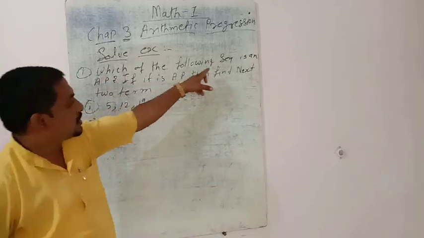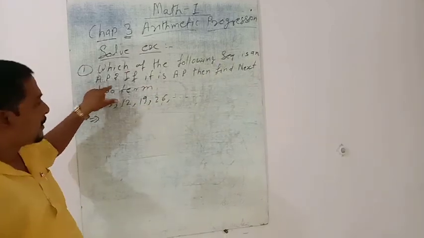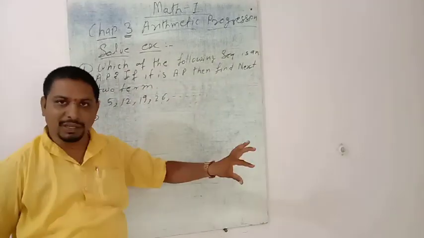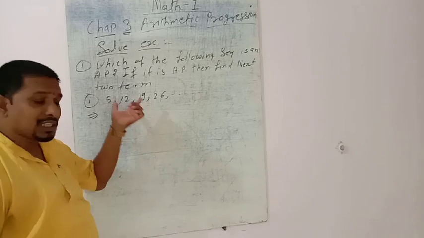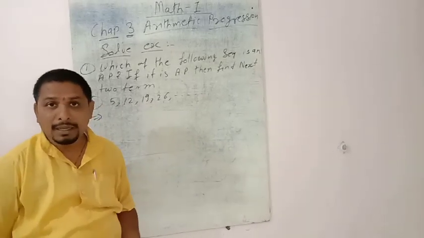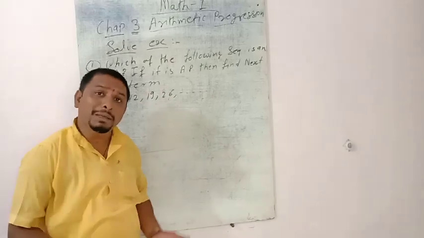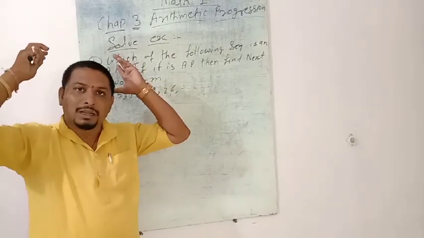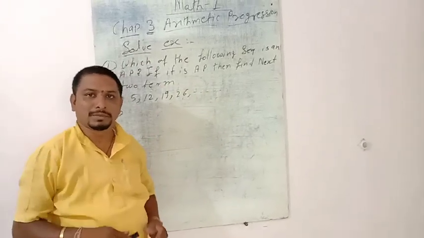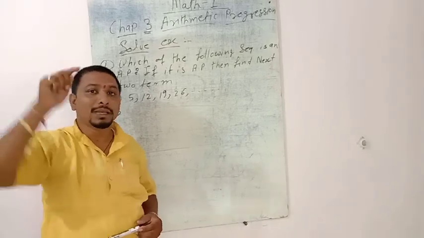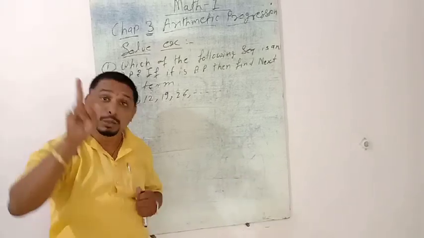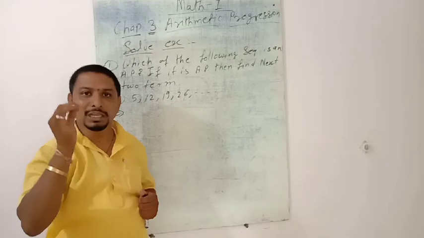Which of the following sequences is an AP? We have been given one sequence, and we must check whether it is an AP. But what is meant by AP? Let us remember what is meant by AP. The common difference between two consecutive terms is constant.